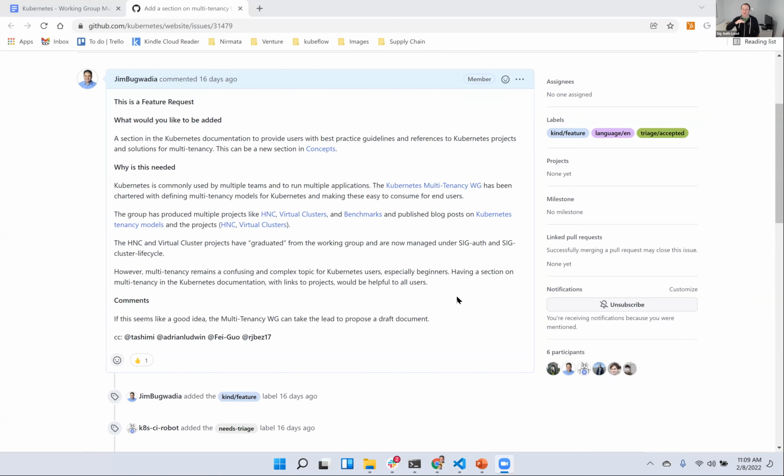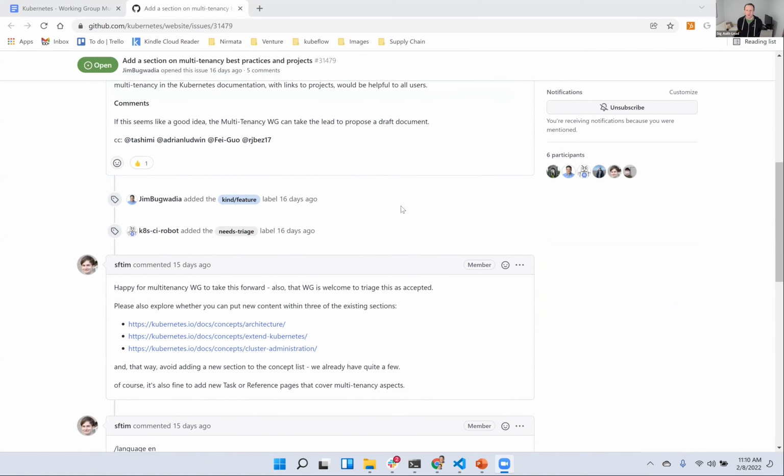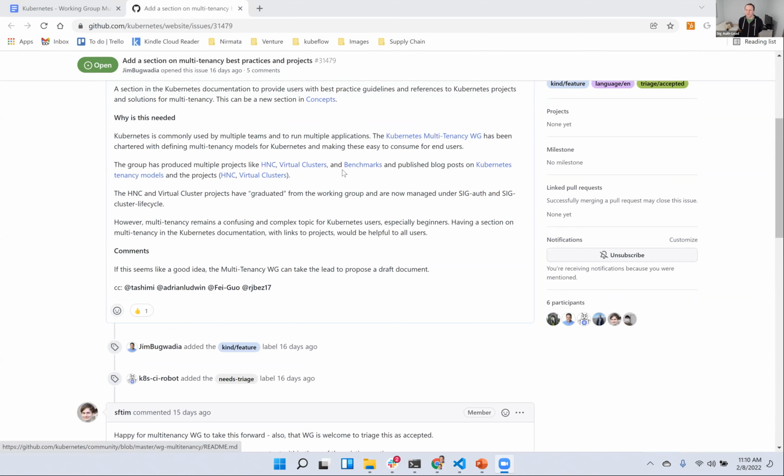Everybody who uses Kubernetes calls a different thing a tenant, and sometimes multiple things simultaneously. And there are lots of different types of isolation. There's no one right answer. So we're trying to give guidance that is general enough, but also useful, rather than just, oh, understand your use case and plan accordingly.